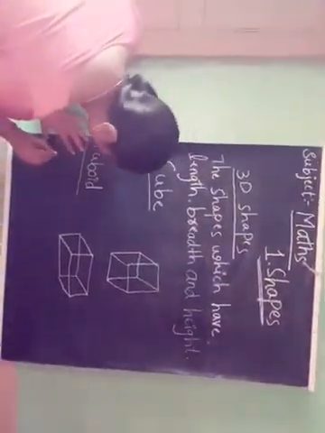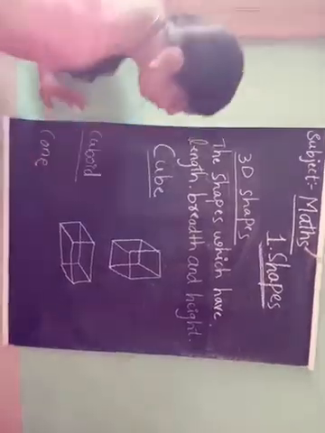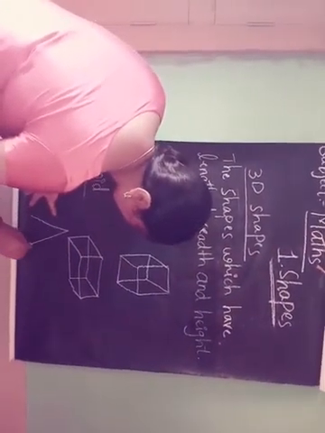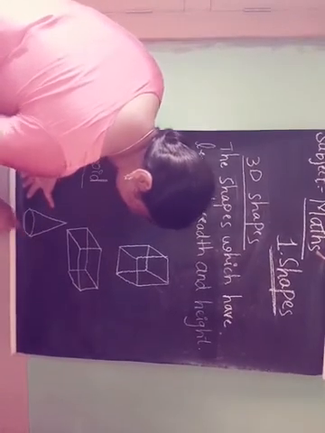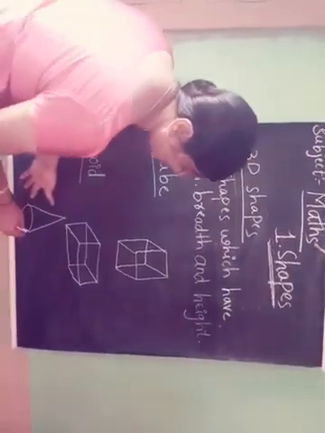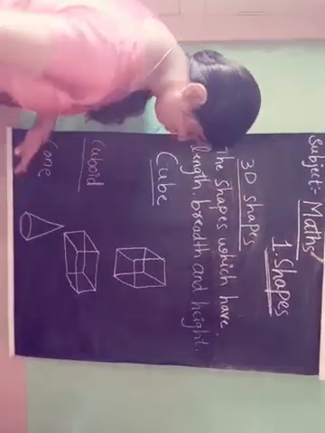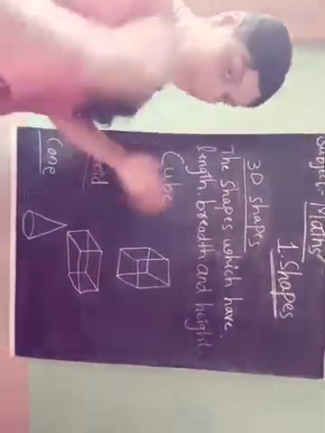Now next, cone. In 2D shapes, a triangle is like this. A cone has a surface, a circle shape here. For a cone, an example is a birthday cap.